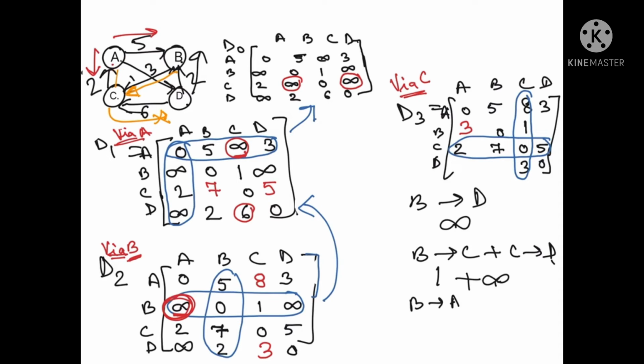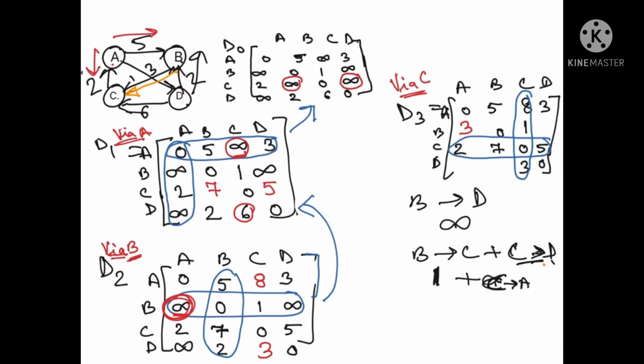Okay, I will do it once again for you. See, B to C plus C to D doesn't work. So what I will do is B to C I will go as it is. C is fine, 1. But this C to D, can I write it like this?